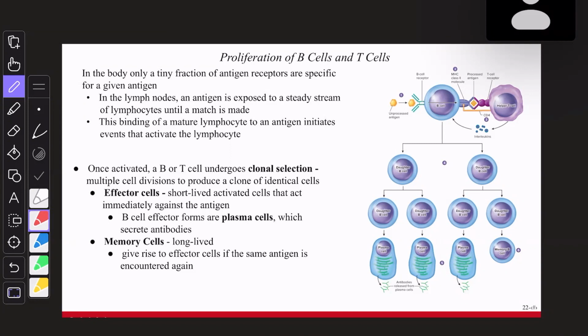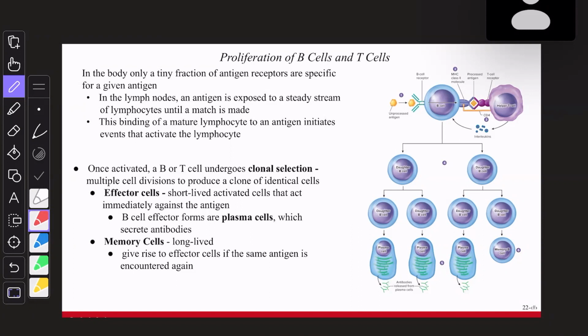Where in the case of B cells, we're going to make plasma cells. The plasma cells are the effector cells because they generate the antibodies that defend, right? The T cells, the activated T cells, are actually the effector cells on that side. Okay. So they're actually going to go out and do something.